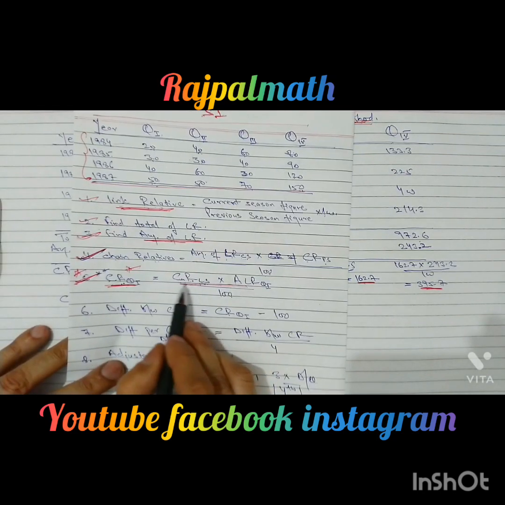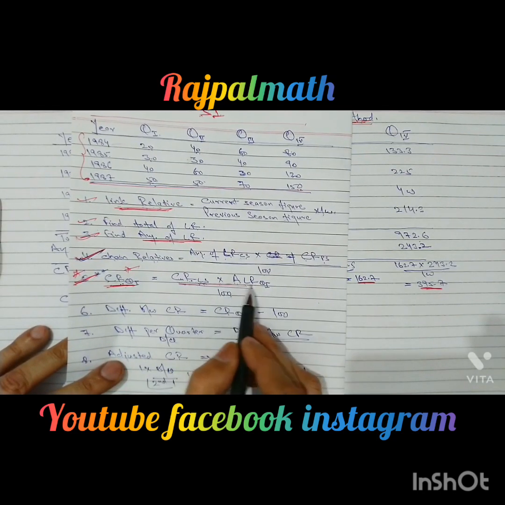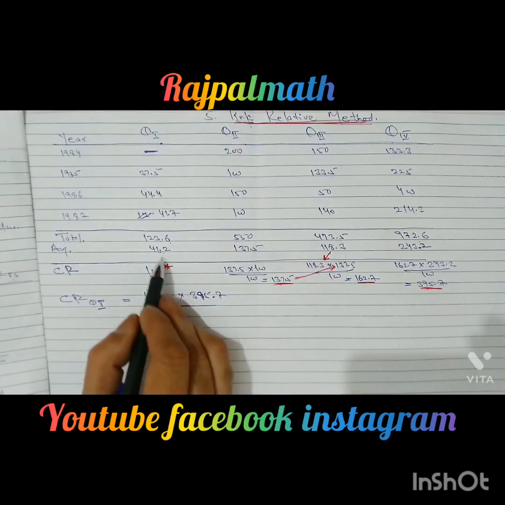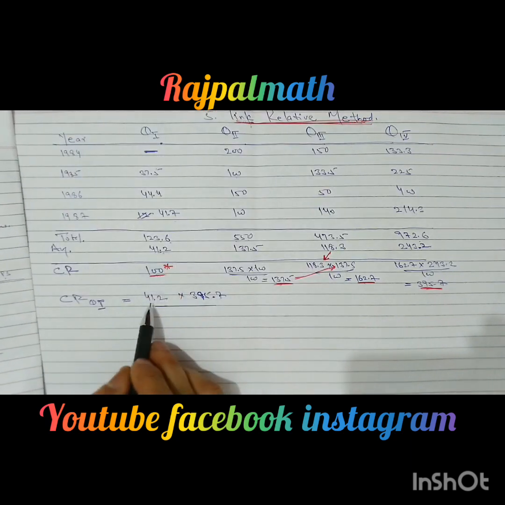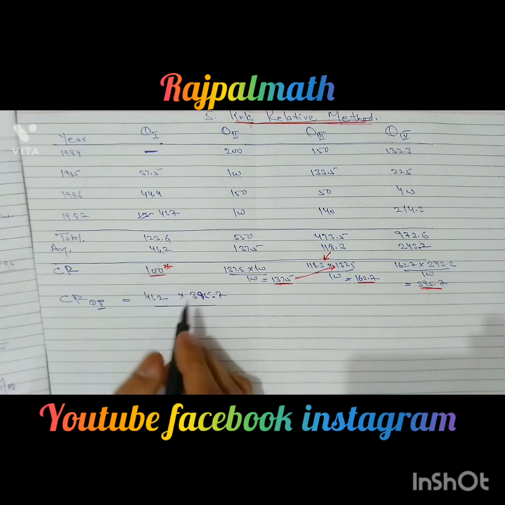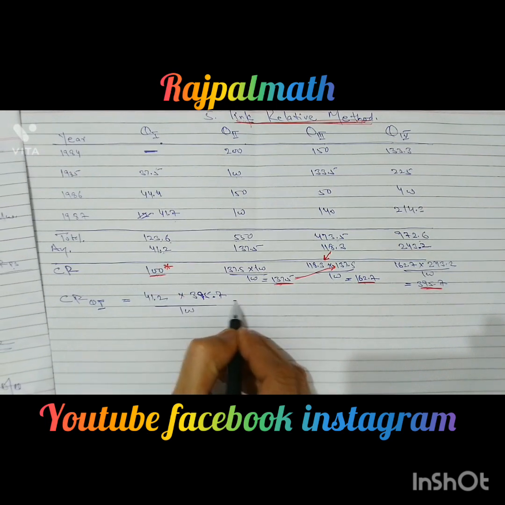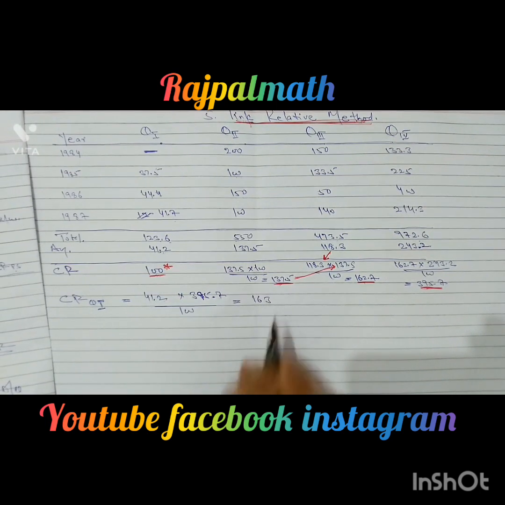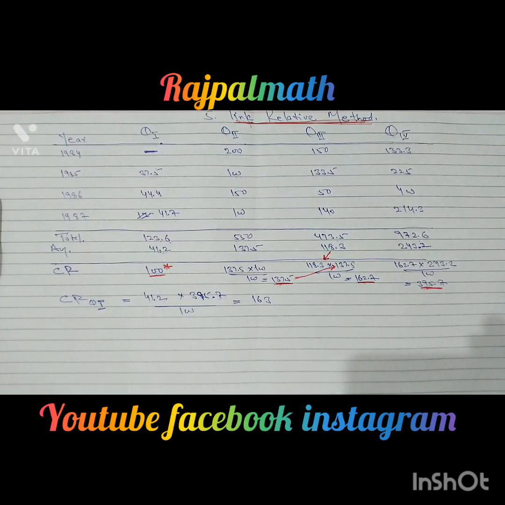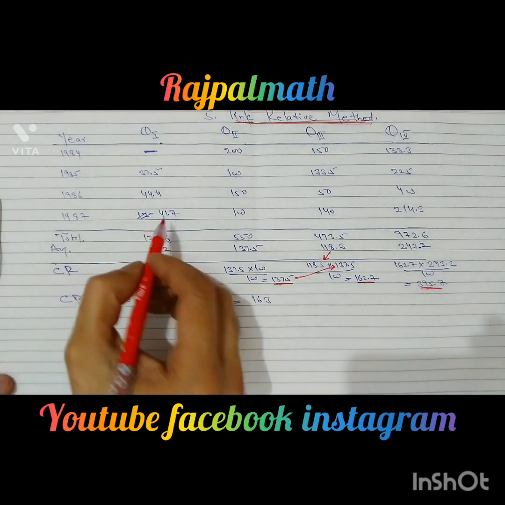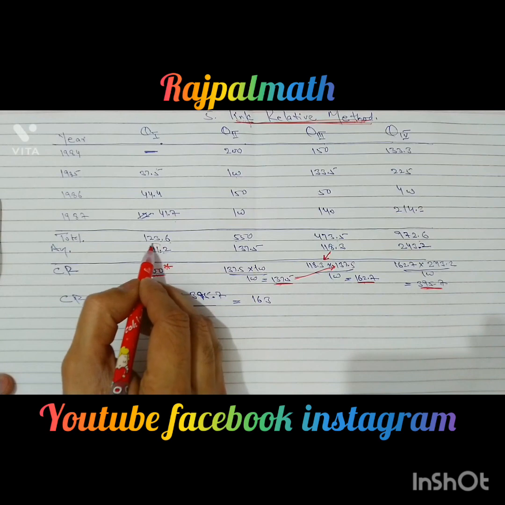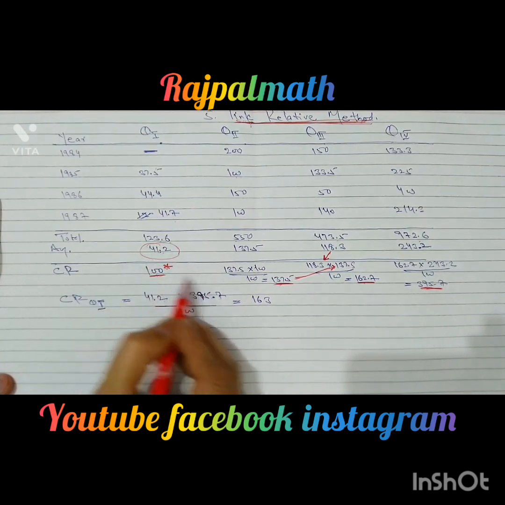395.7 is the CR of the last quarter. Then the average of LR is 41.2 for the first quarter, divided by 100, which comes out to be 163. Again, the average of LRs for the first quarter.